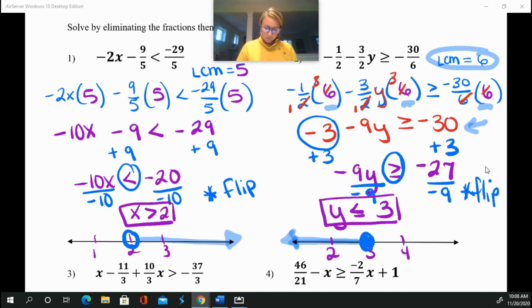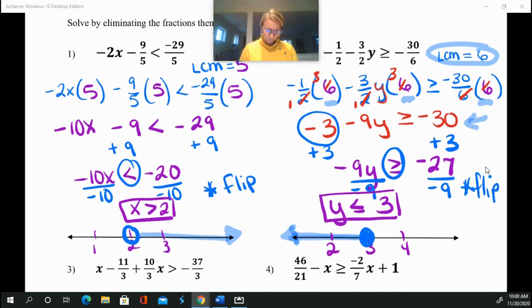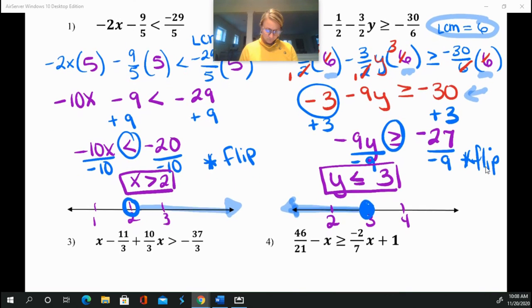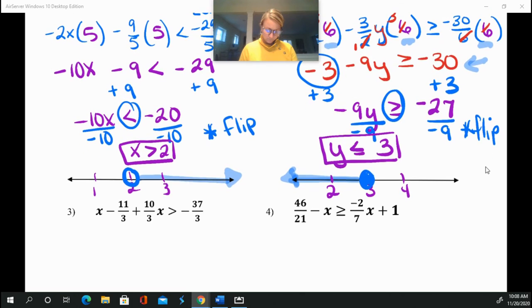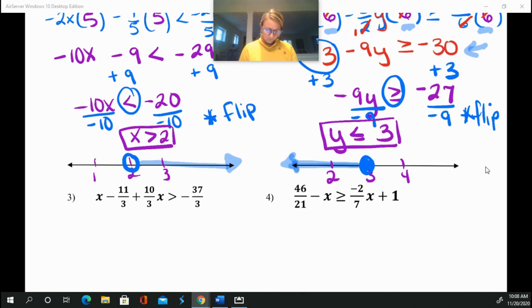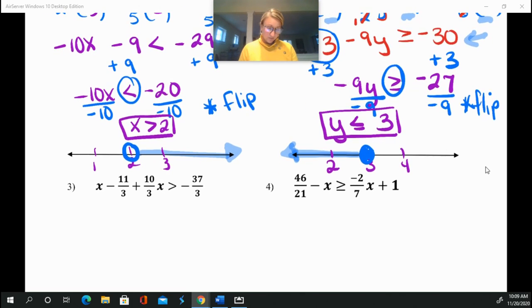So least common multiple. Multiply every term by that value. Eliminate the fractions, and then solve like you normally would. So these take practice.